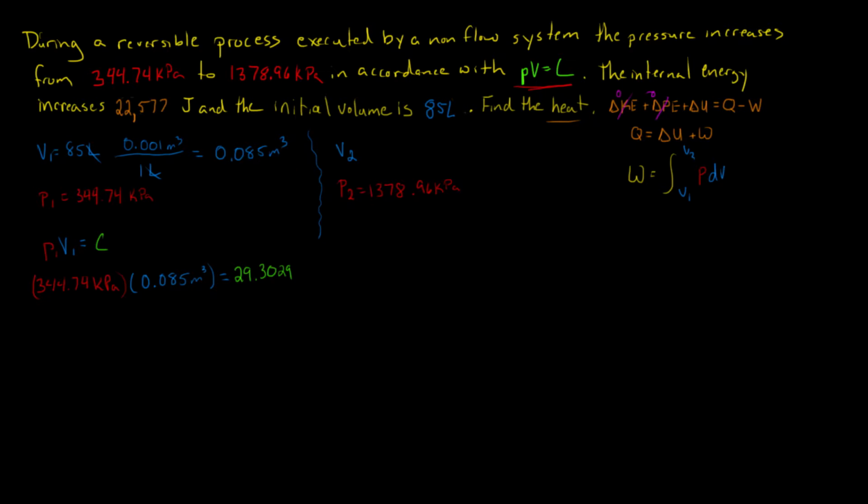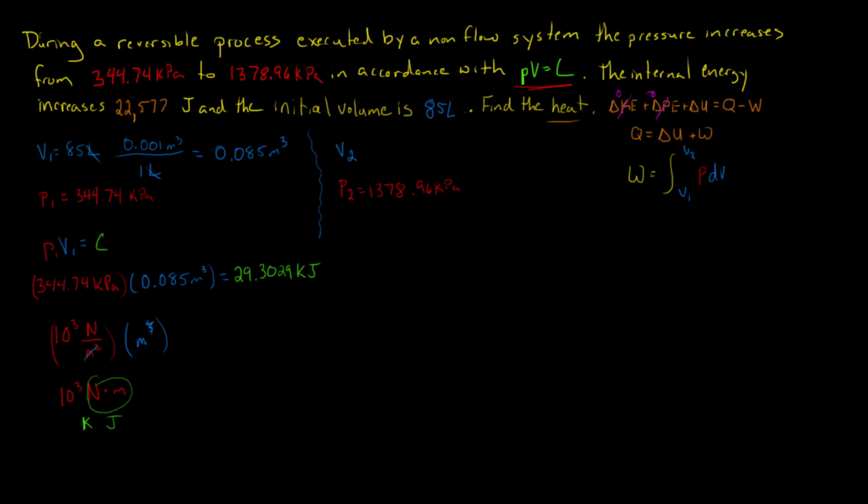A kilopascal is 10 to the third pascals, and a pascal is a newton over a meter squared. Meter cubed is just a meter cubed. So when we multiply these two numbers together, we're going to have 10 to the third newton meters. And what is a newton meter? A newton meter is just a joule. So we have 10 to the third joules, or one kilojoule. So this right here is in the units of kilojoules.